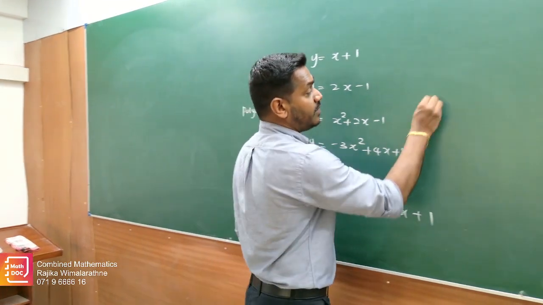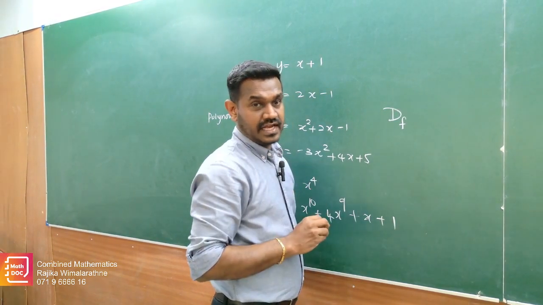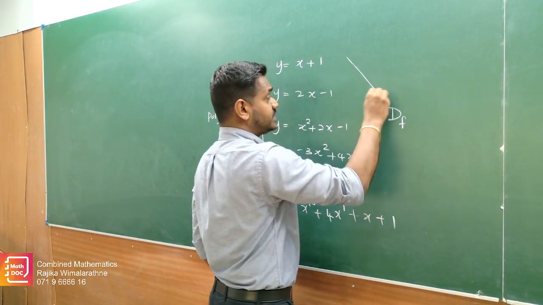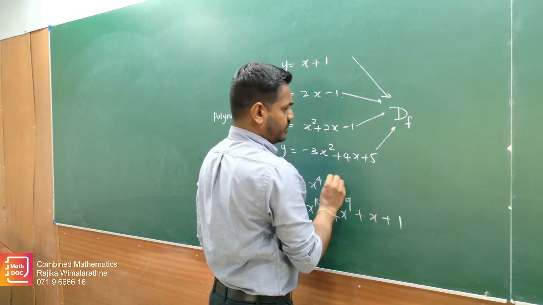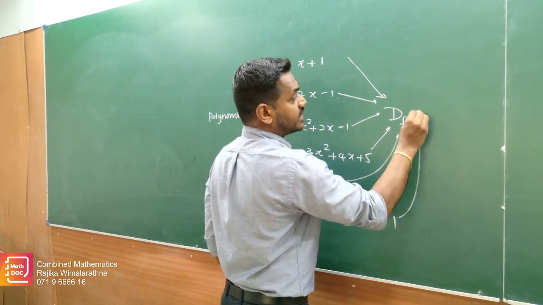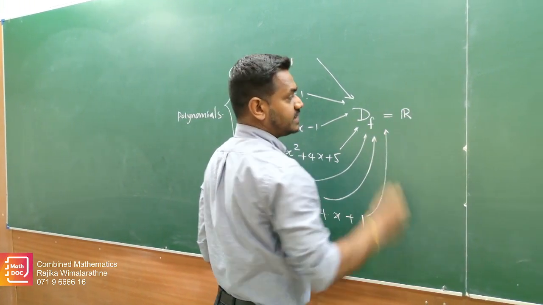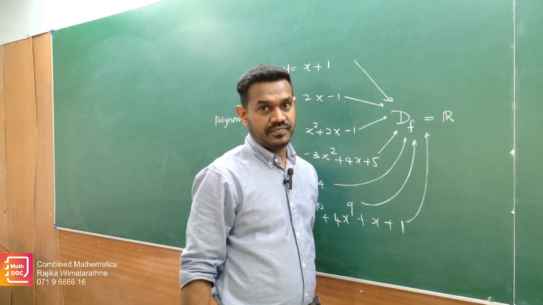Here the domain we denote by Df. Domain means possible x values. For each case, you remember the domain is the real set. There are no restrictions on polynomial functions.